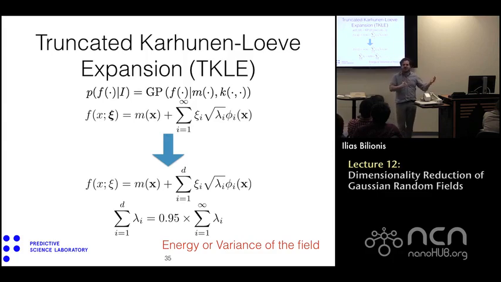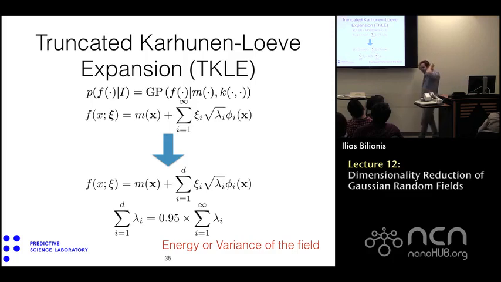Then you pick D so that you get up to 95% of the variance that you get with 10,000 eigenvalues. So you still truncate here, but to a much bigger number than what D is going to be.